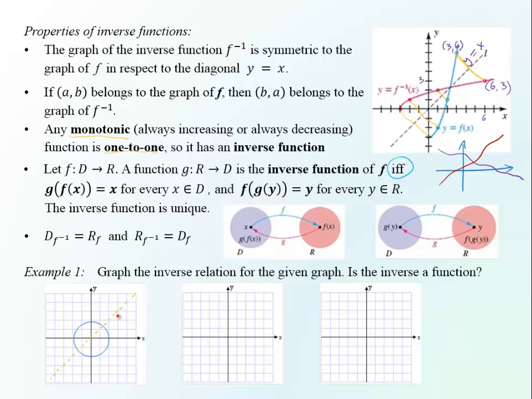But since a circle with the center at (0, 0) is actually symmetrical about any line going through the center, that means it's also symmetrical about this diagonal. That means the circle goes onto the same circle. So in this case, both relations are exactly the same. The circle of center (0, 0) is inverse to itself. Is that a function? Obviously it's not a function because it doesn't satisfy the vertical line test.